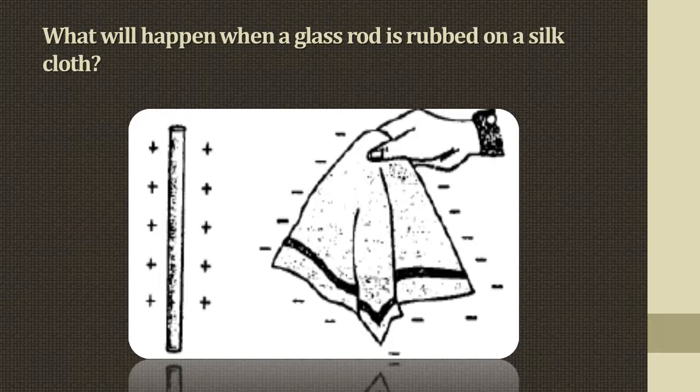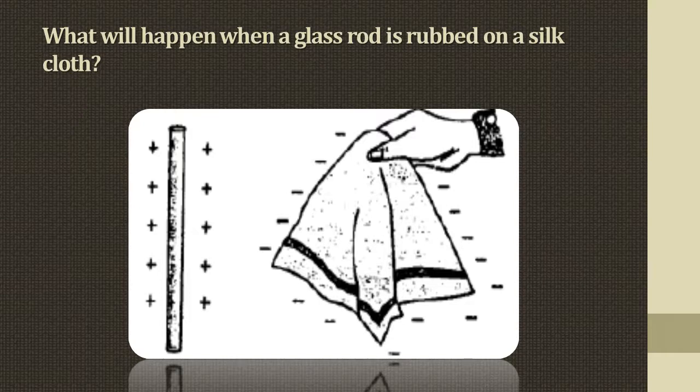Now students, what will happen when a glass rod is rubbed on silk? When a glass rod is rubbed with the silk cloth, some of the electrons from the glass rod get transferred to the silk cloth. That means the glass rod loses some of the electrons, and those electrons are acquired by the silk cloth.